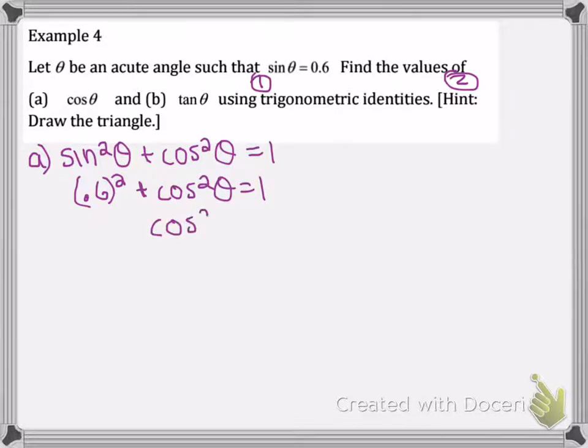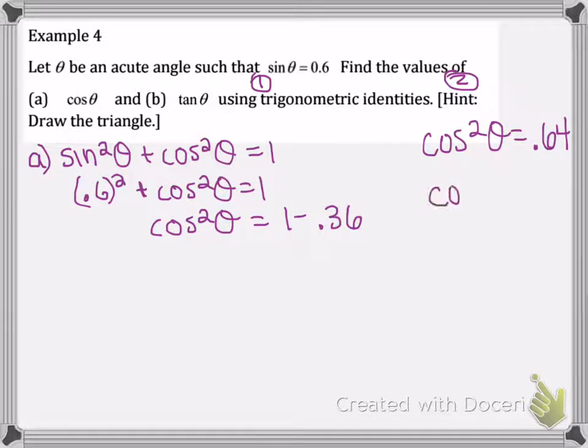So cosine squared of theta equals 1 minus 0.36. So that means that the cosine squared of theta equals 0.64. So cosine of theta equals 0.8.